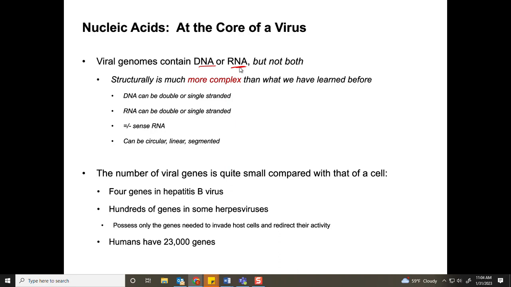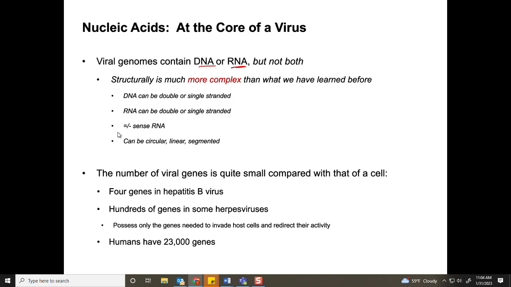And structurally, they're a lot more complex than what we have learned in the past as far as viruses go, and as far as you may have seen in Bio 1 with me, or if maybe you might have done a little bit of this in AMP. But ultimately, we're not going to go into a lot of details here, but DNA can be double or single-stranded in viruses, and that's weird because what you should have learned in the past is that DNA is double-stranded.